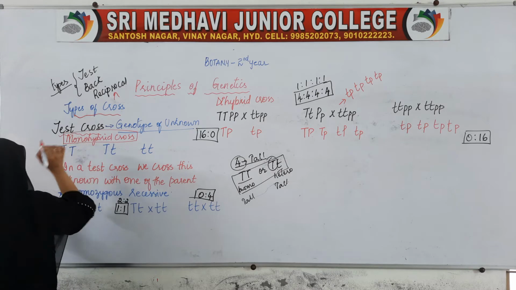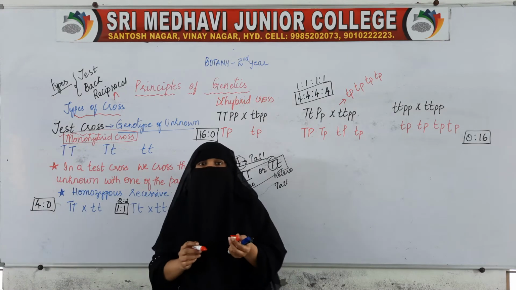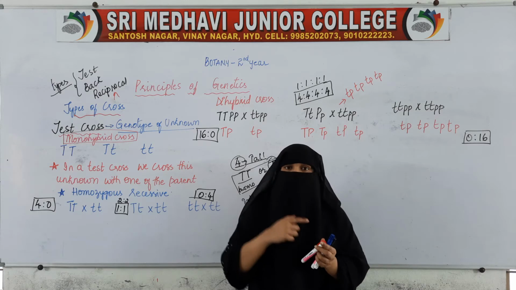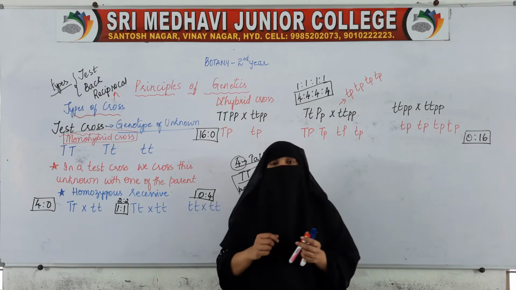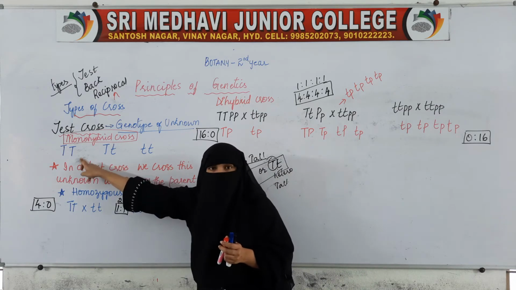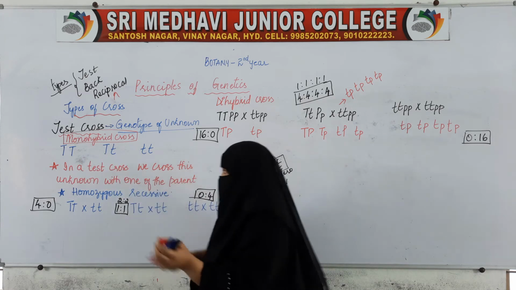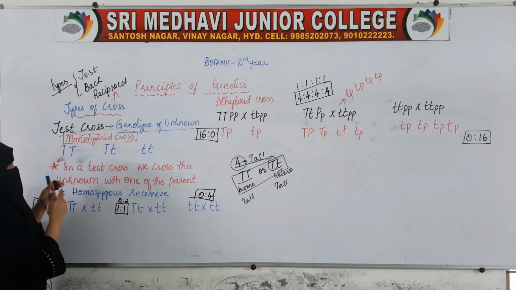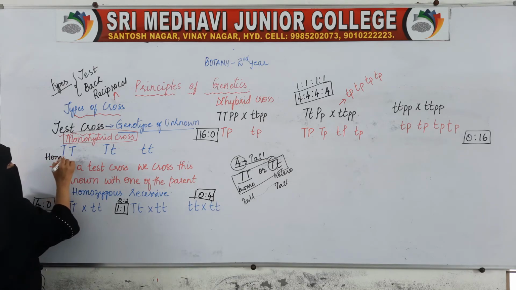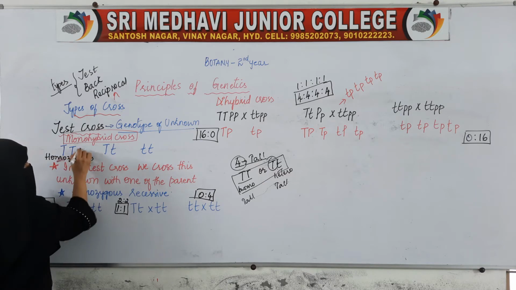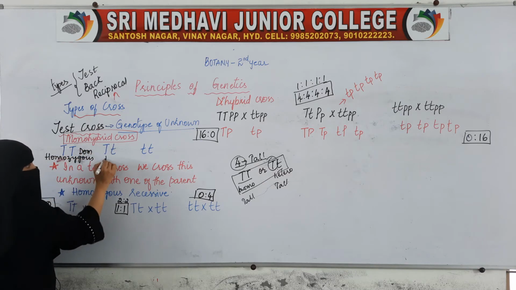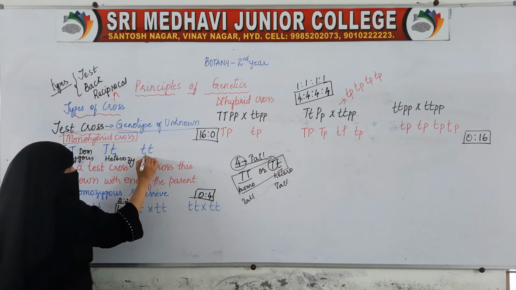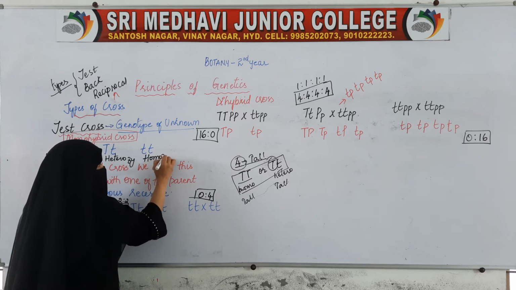If we see the test cross for monohybrid characters, that is for one character, the genotype can be homozygous dominant, or the genotype can be heterozygous, or the genotype can be homozygous recessive.